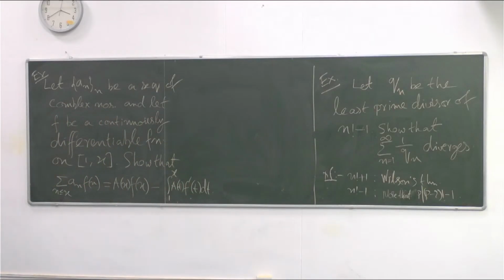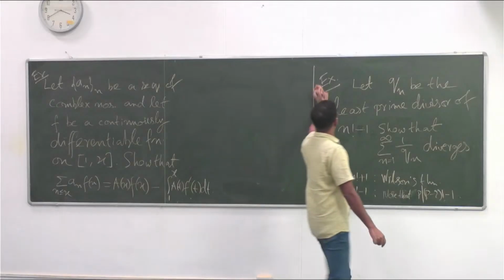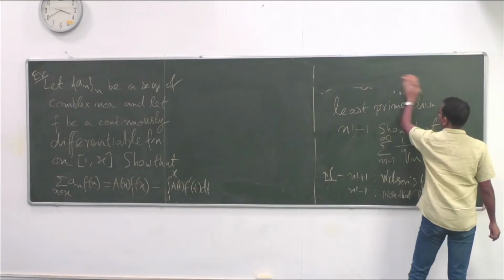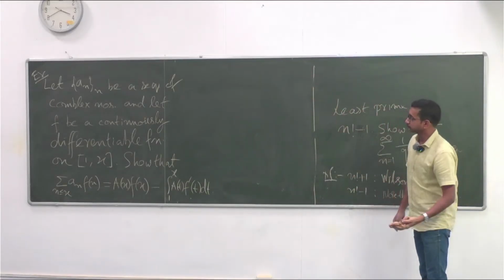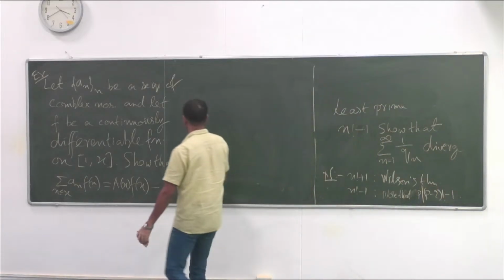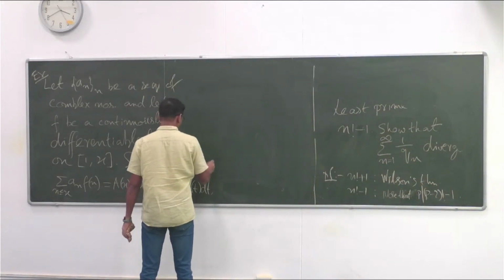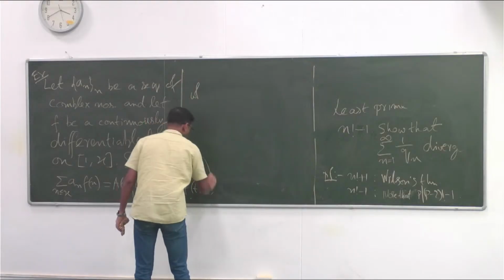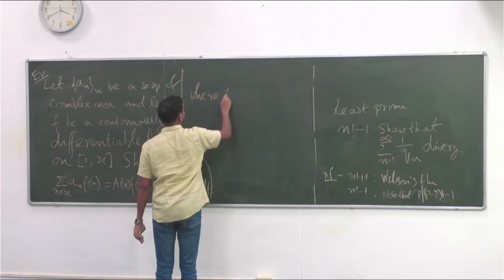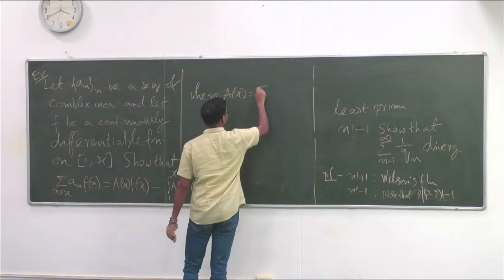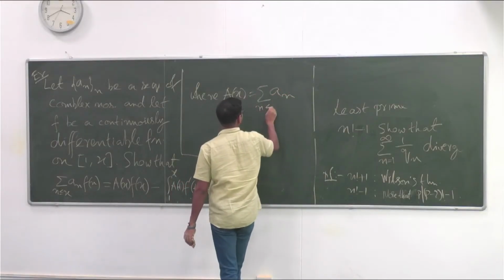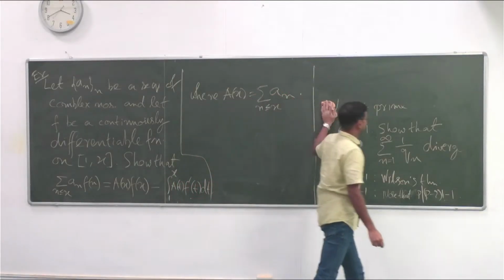Please take a while. Do this. Ah, right. Of course, yes. Thank you. Where Ax is the sum over n less than or equal to x of an. Yes. Thank you.